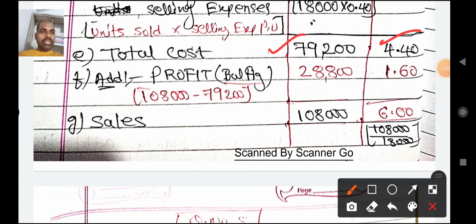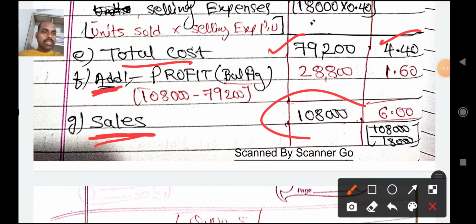In the question it is given sales, we need to calculate profit. This will be your balancing figure, total cost और sales के बीच में. So sales is given 1,08,000, number of units sold 18,000.